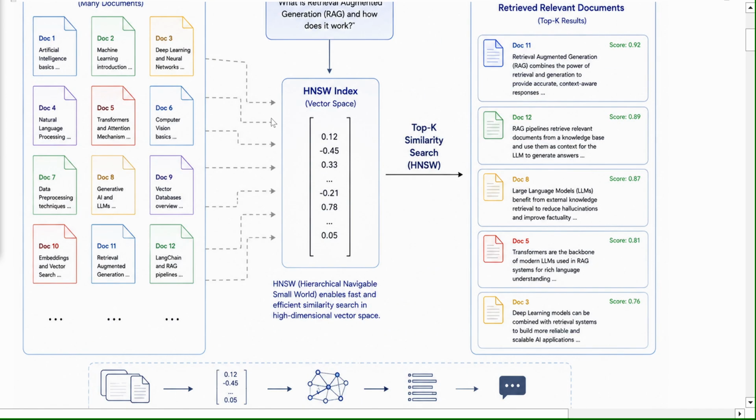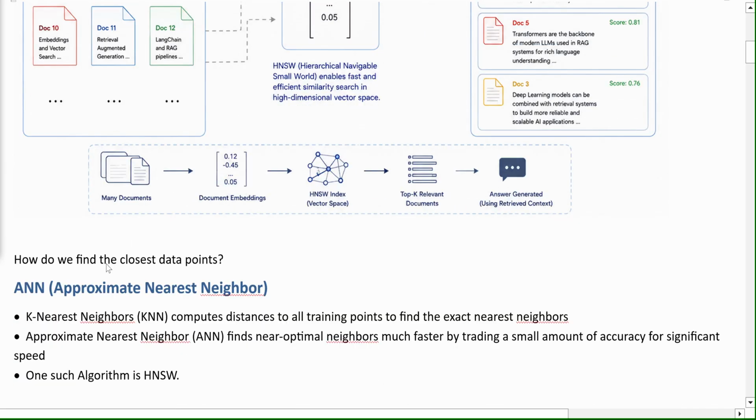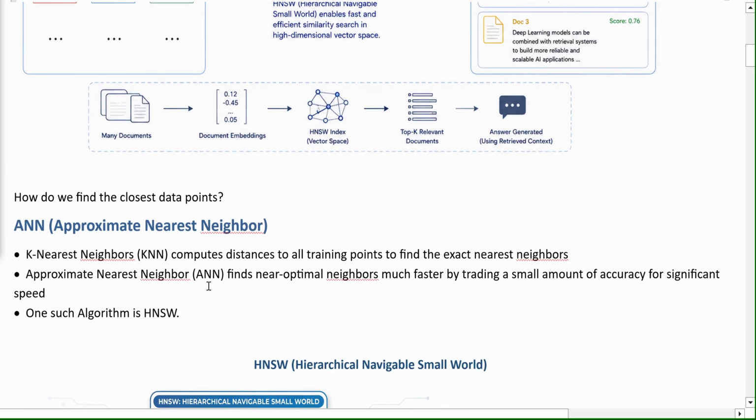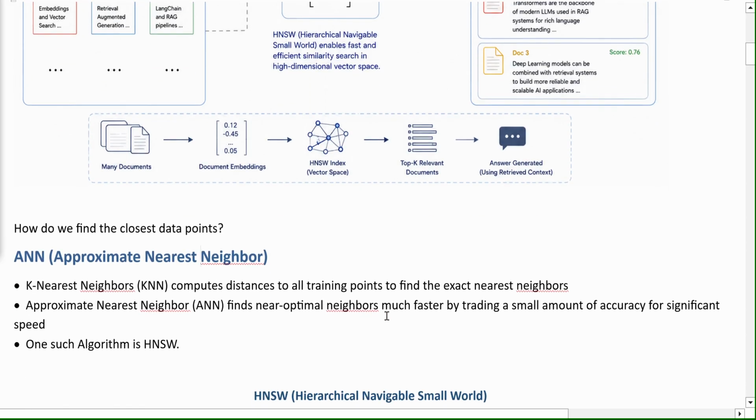Why? Here we have very few documents, but in a real-world scenario there will be many documents, somewhere in the billions or more. Out of that many documents we need to find the top three relevant ones. If we check one by one, that will take a lot of time to process. That's the reason we use something called approximate nearest neighbor. It gives you approximate results.